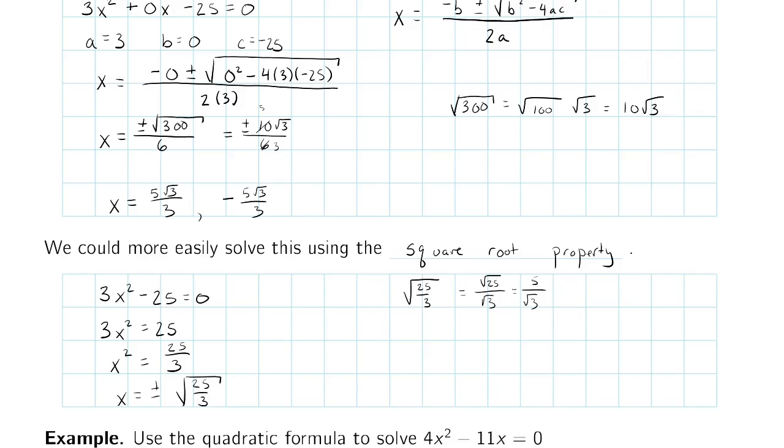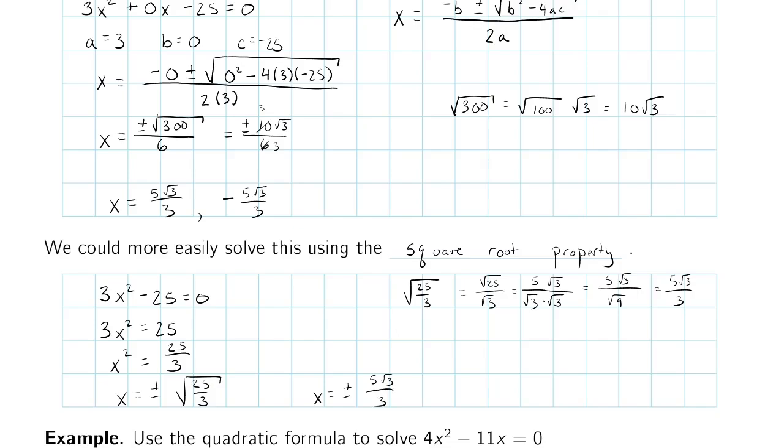But let's rationalize the denominator. To do that, we'll need to multiply by root 3 in the numerator and denominator, and we'll get 5 root 3 over root 9, which is 5 root 3 over 3. So x is plus or minus 5 root 3 over 3.